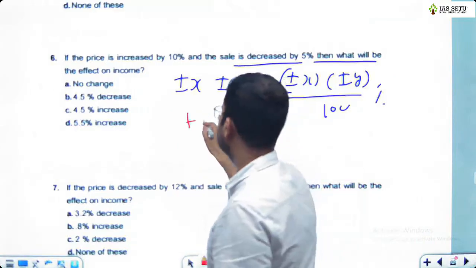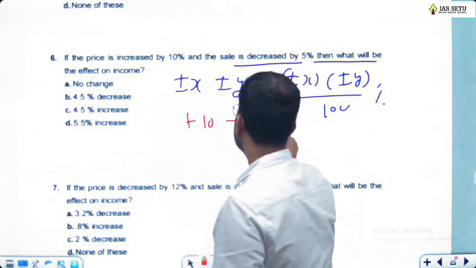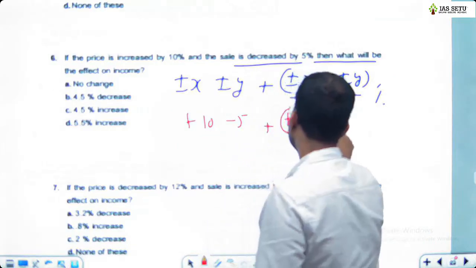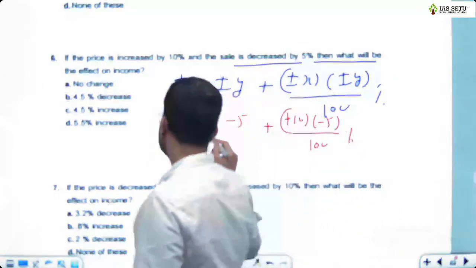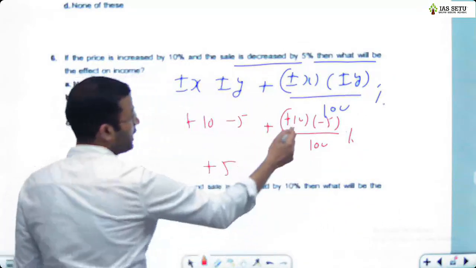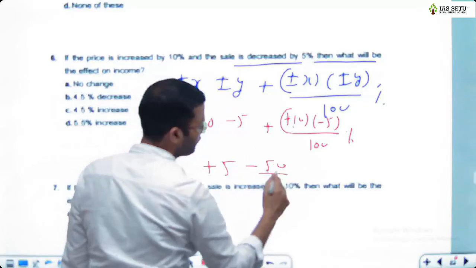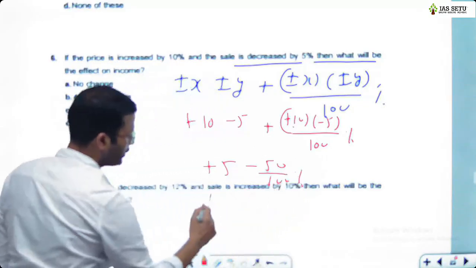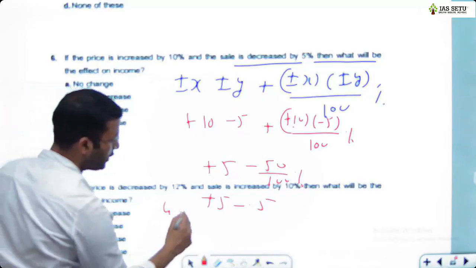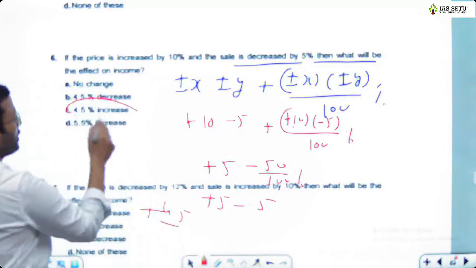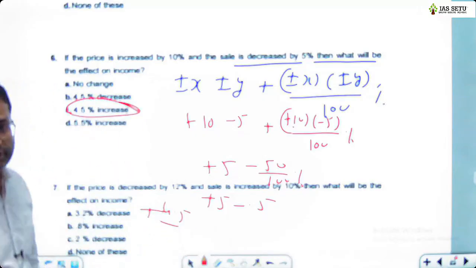So it is plus 10 minus 5 plus 10 into minus 5 upon 100%. Plus 10 minus 5 plus 5. 10 into 5, 50. Minus 50 upon 100. So it is plus 5 minus half. So 5 minus half is 4.5 positive value. So 4.5% increase. Or you can apply PCC.